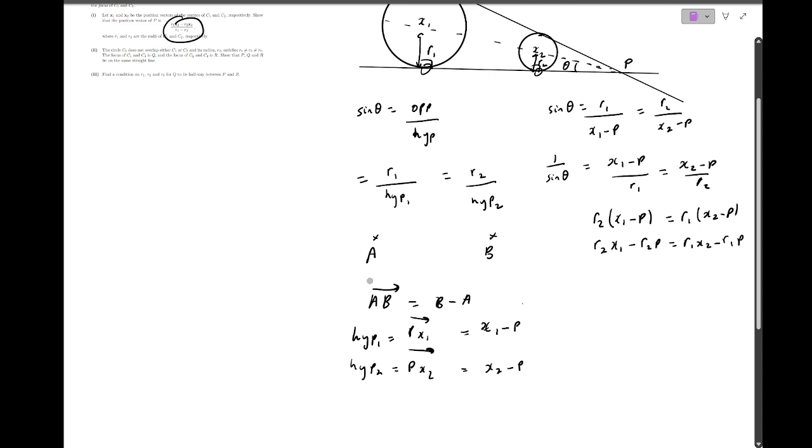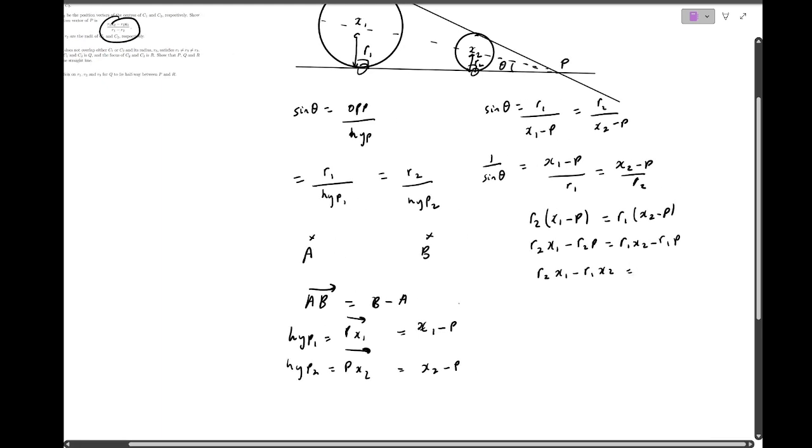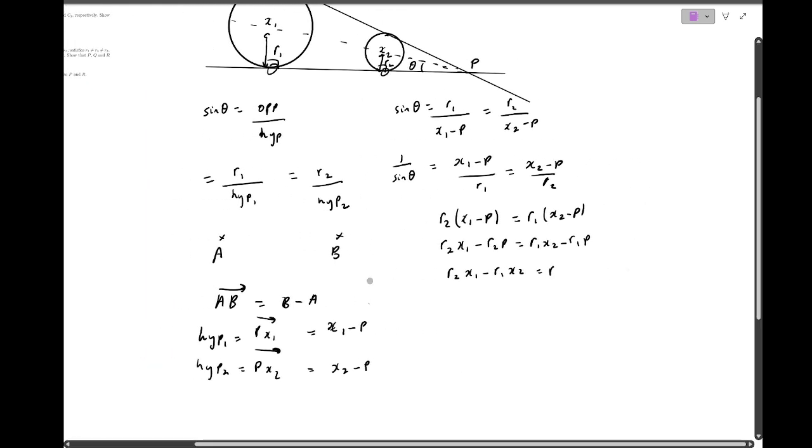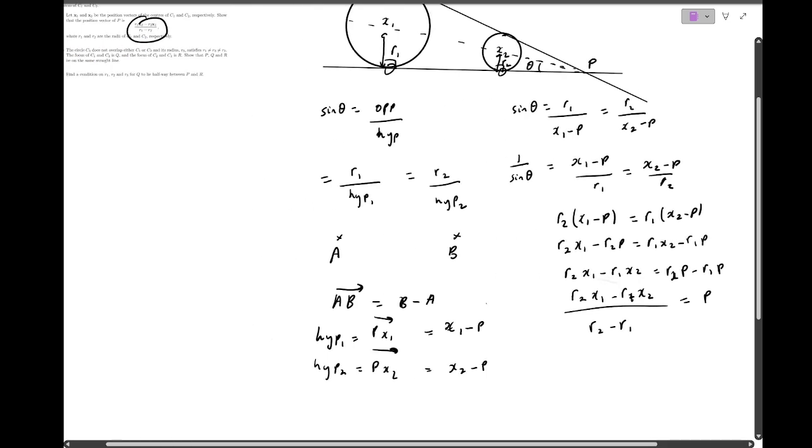Now we just group all the terms, so we get r2 x1 minus r1 x2 is equal to r2 p minus r1 p, and therefore (r2 x1 minus r1 x2) over (r2 minus r1) is equal to p.